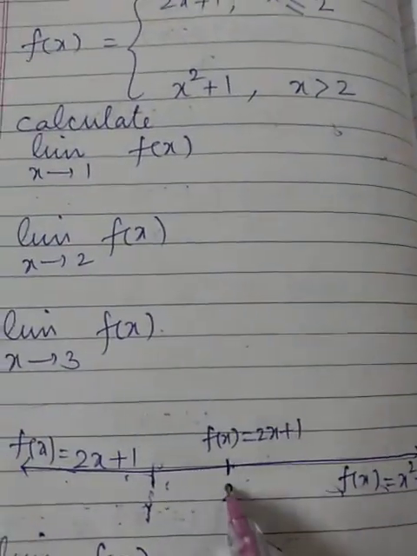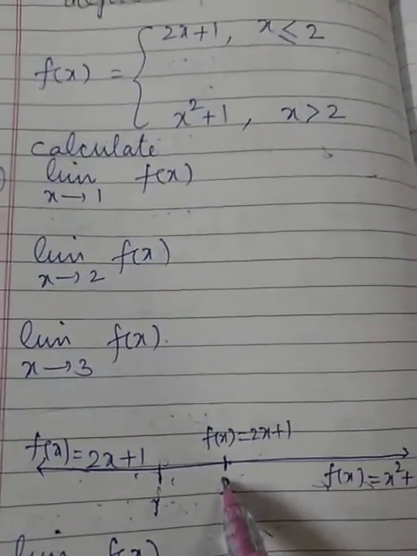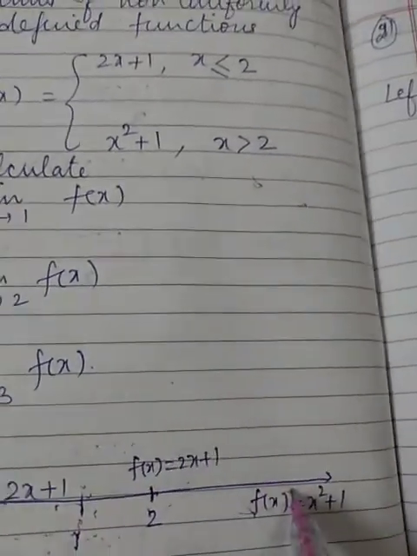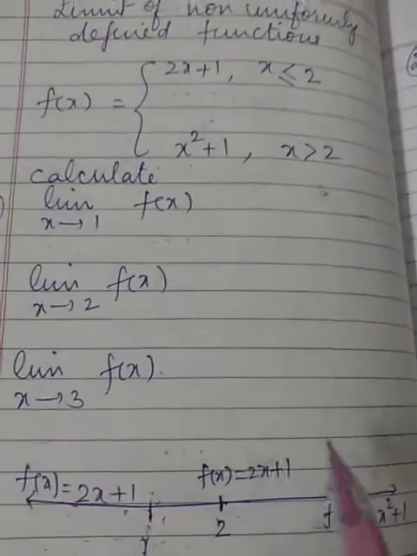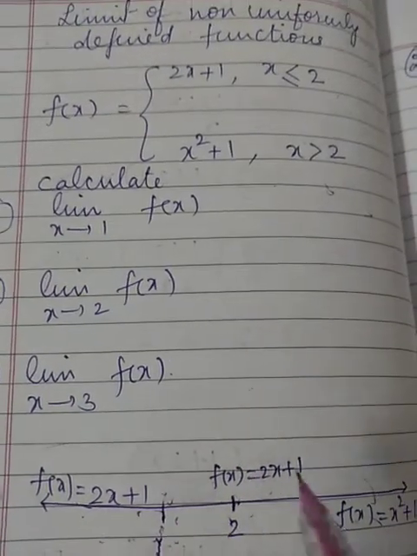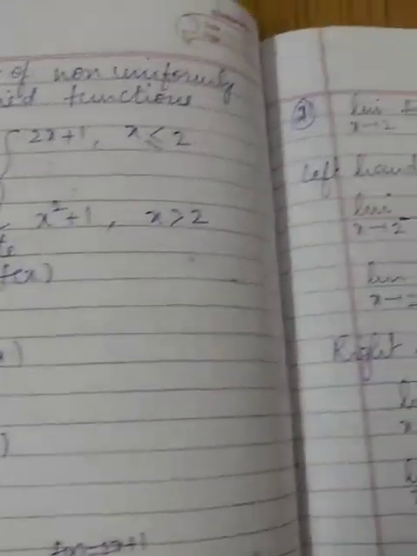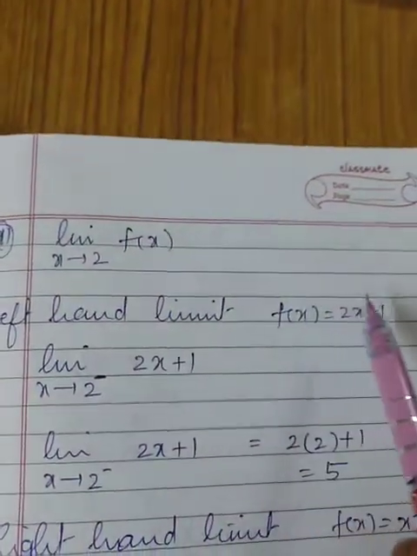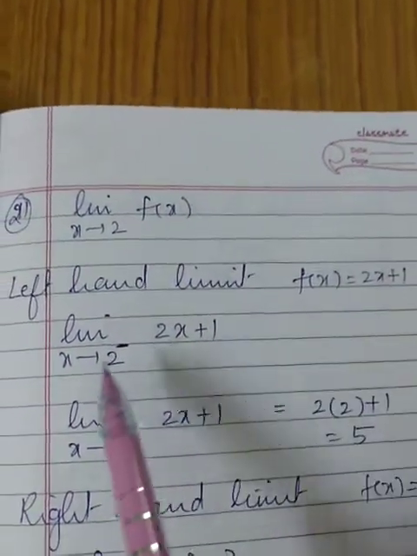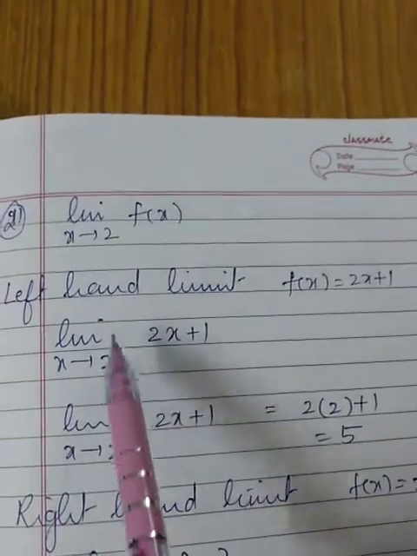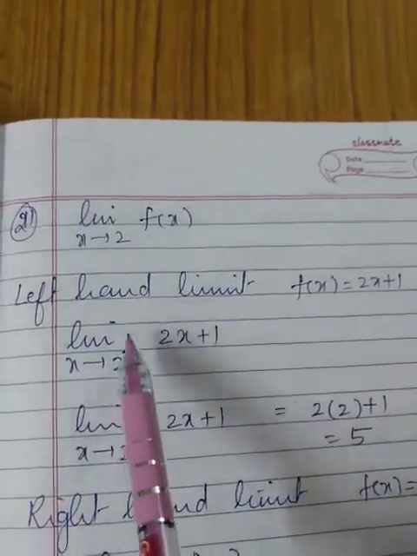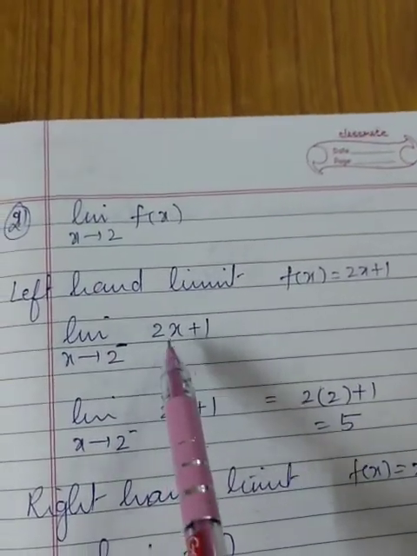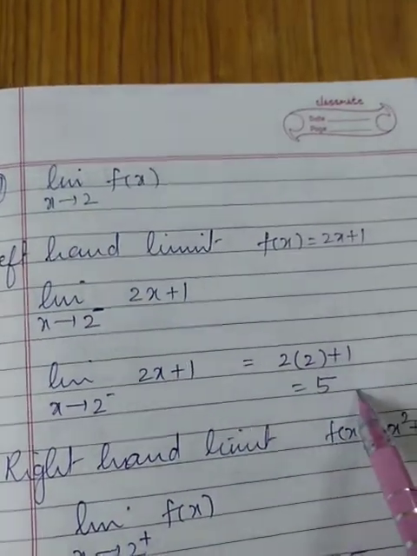Now, when we calculate the limit at x equals 2, on the left hand side we have 2x plus 1, and on the right hand side we have x square plus 1. So we calculate the left hand limit and the right hand limit. To calculate the left hand limit, the function is 2x plus 1. We write left hand limit as x tending to 2 minus, which shows we are on the left hand side. Now we substitute 2 here. What do we get? 5.